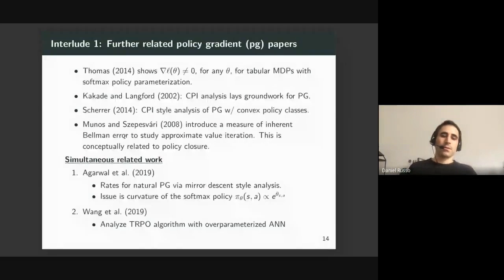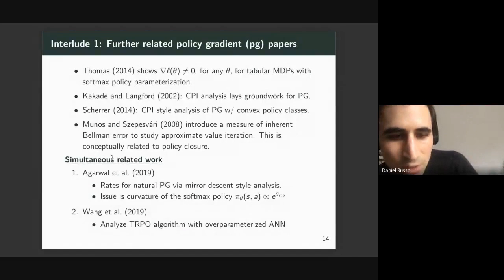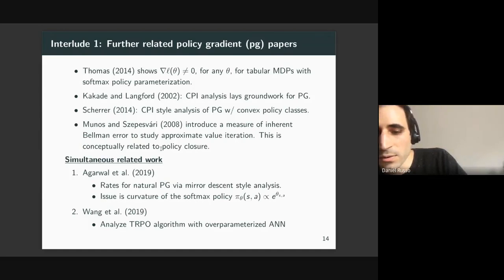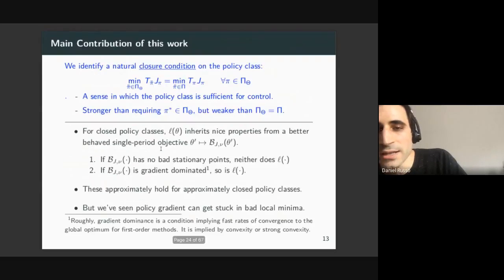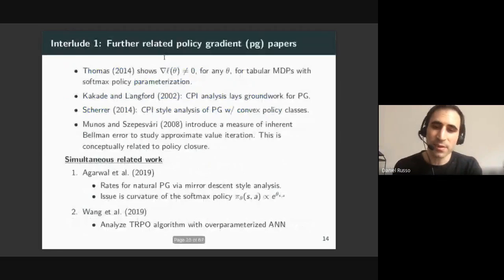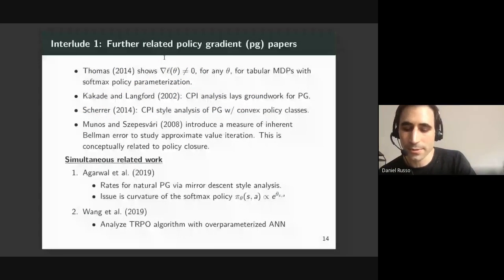I'll go into less discussion about the more simultaneous related work, some of which is very impressive. I think the central dividing line is that relative to that work, this closure condition and its implications for the landscape of the loss function are new to this work.